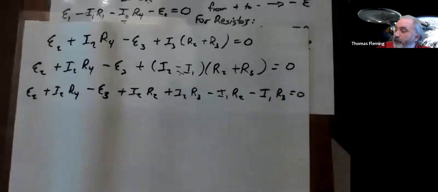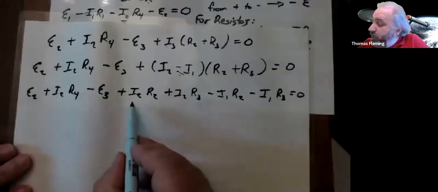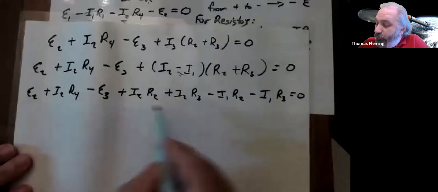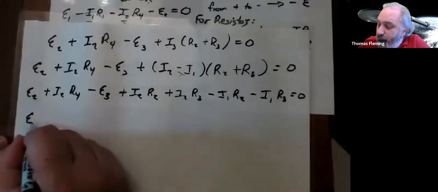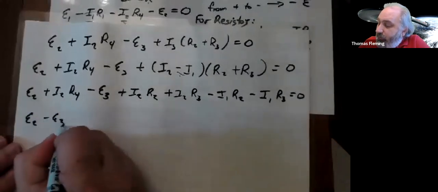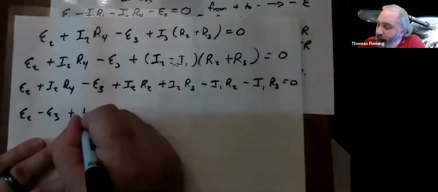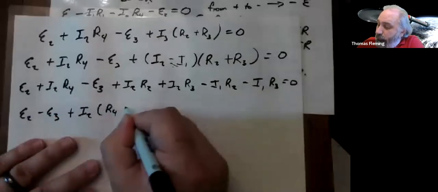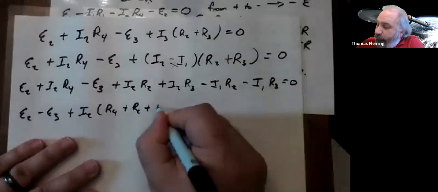Now, let's combine like terms. I've got I2s here, here, and here. They're all pluses. So I'm just going to factor out the I2. Let's get all things that don't have I's. So I have EMF2 minus EMF3. Then I'm going to have plus I2 times R4 plus R2 plus R3.